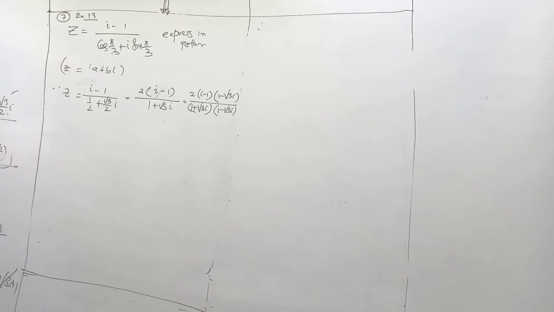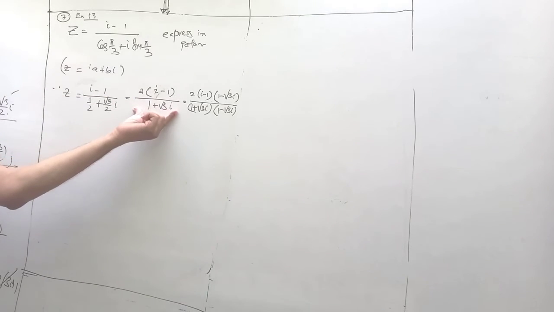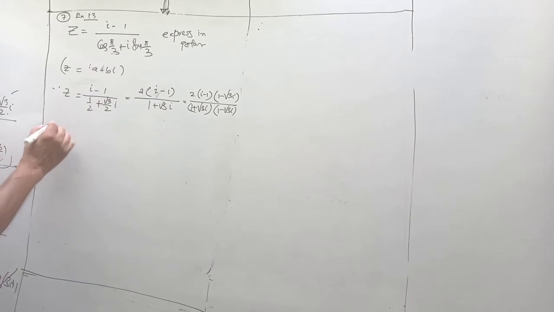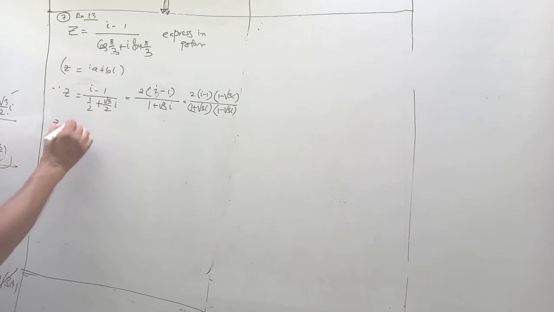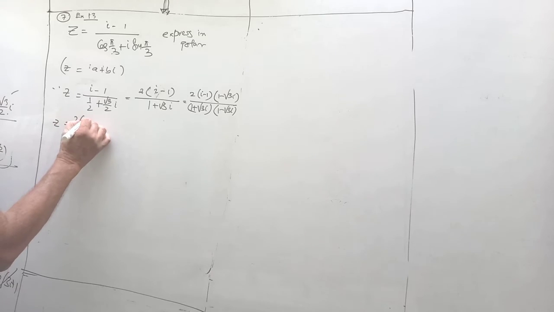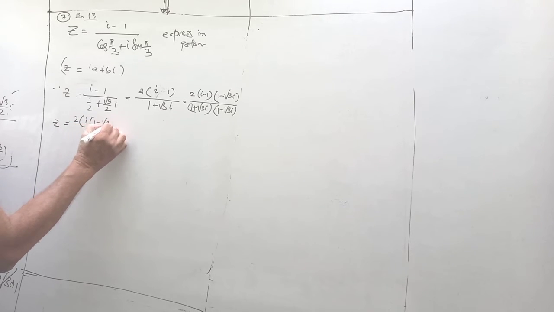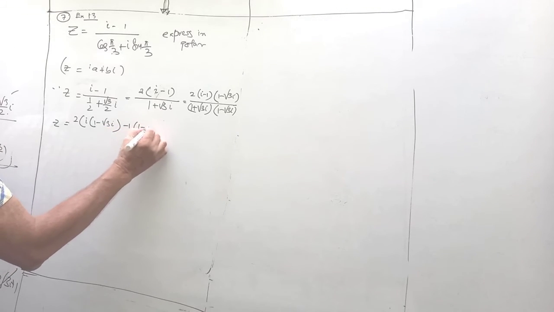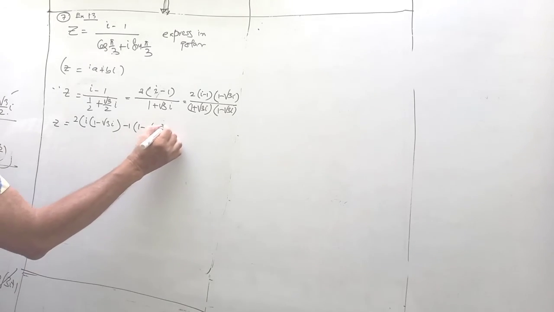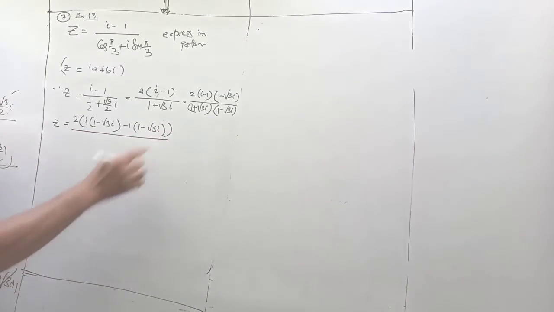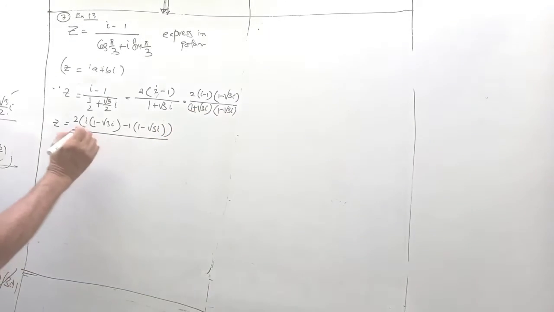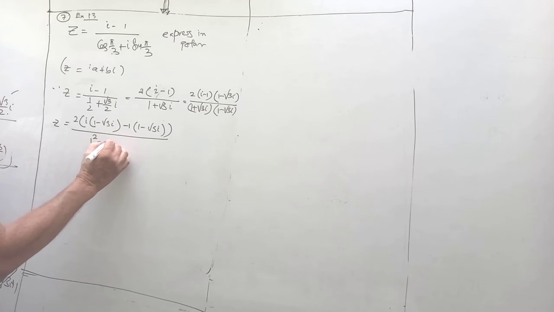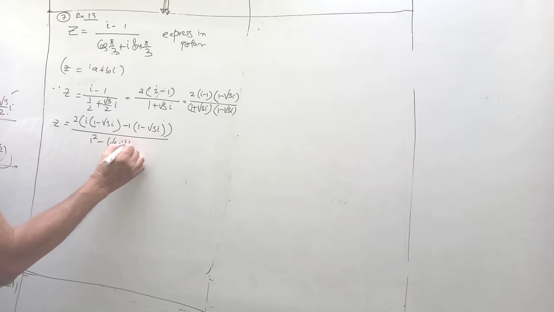That is multiplying both sides by the conjugate of the denominator, so that it will be converted to a real number. Now we can write z equal to 2 into i minus 1 into 1 minus root 3 i, divided by 1 plus root 3 i into 1 minus root 3 i.